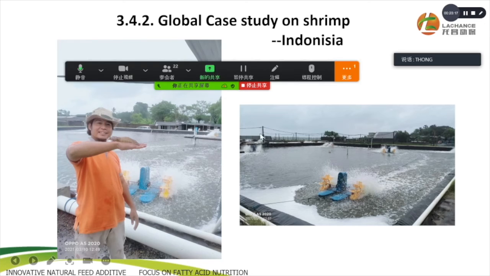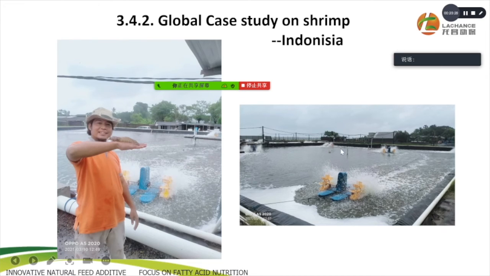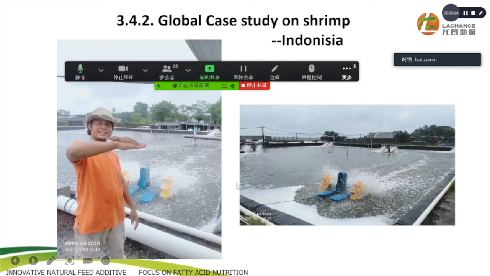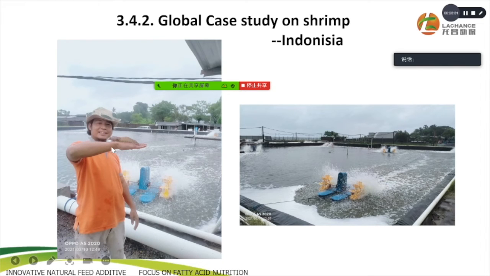This is from Indonesia. Also similar, they use a mud pond lined with HDPE, with a similar result. The happy boss and the healthy shrimp.